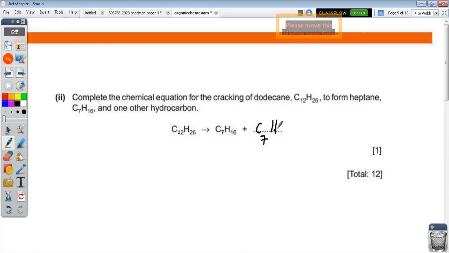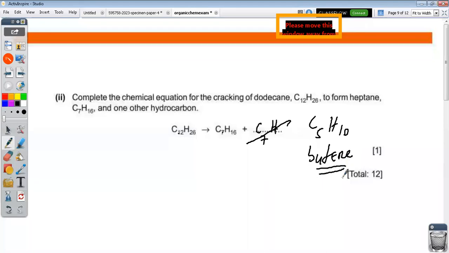For H, you subtract, so you get 10. Is that 10? Is it 20? Oh, sorry. C5H10, which is butene. Unsaturated. Clear?